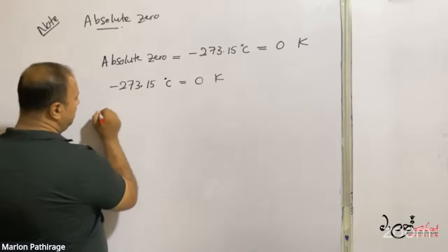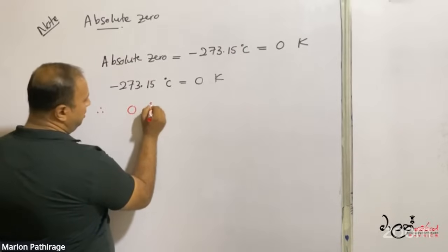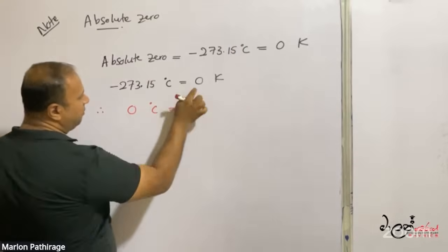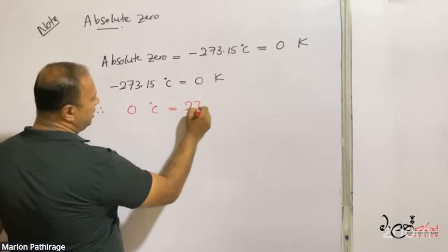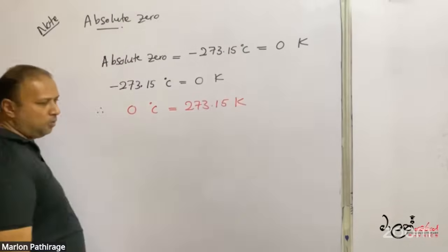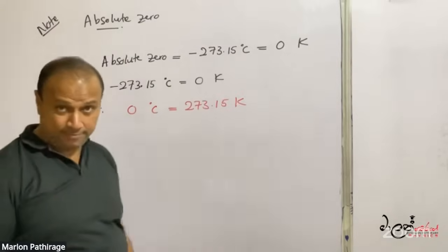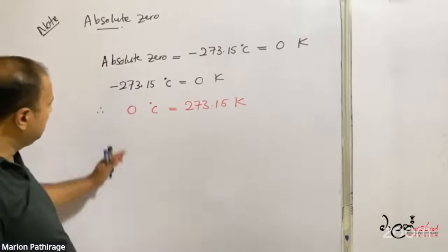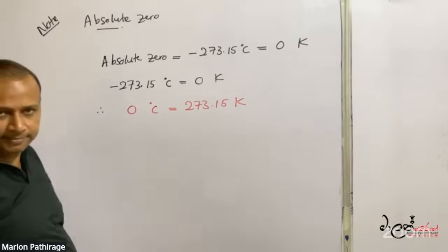So 0 Kelvin is equal to 273.15 Kelvin on the Celsius side, that is, 0 Celsius is equal to 273.15 Kelvin.